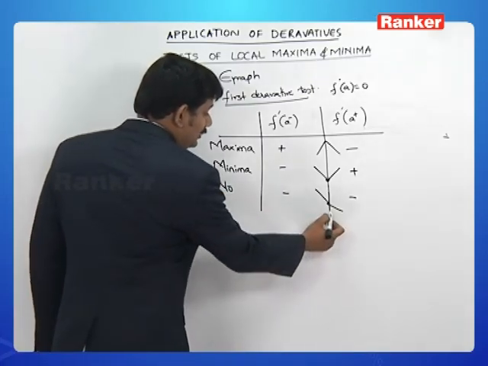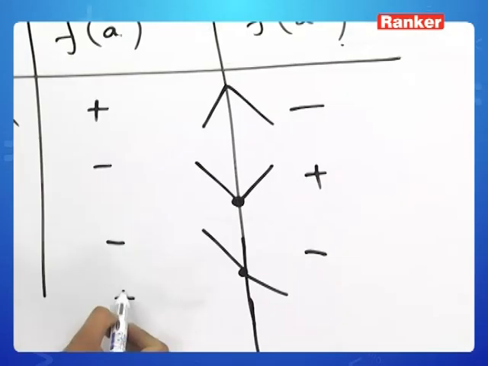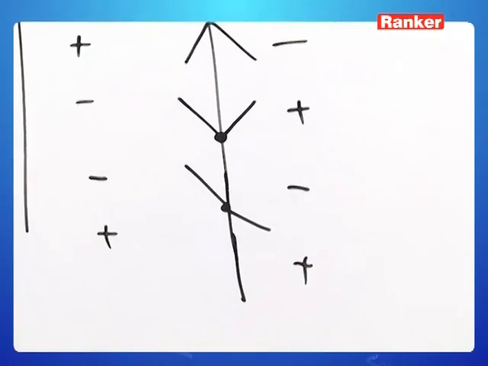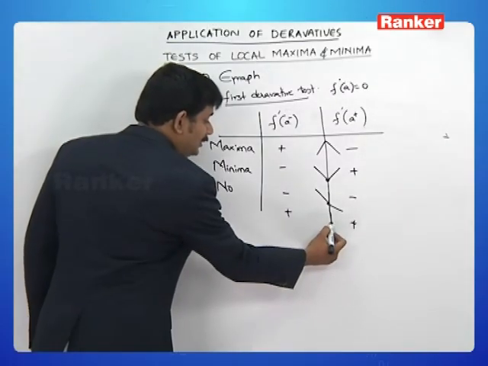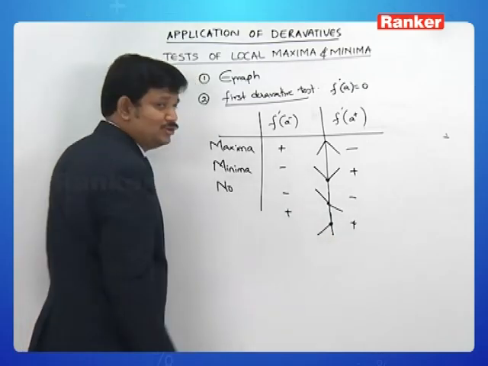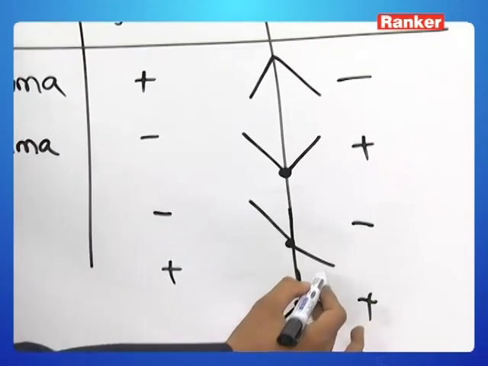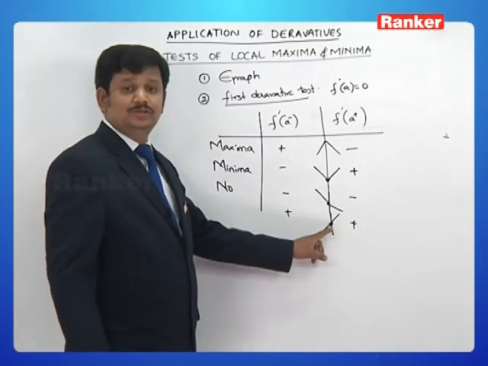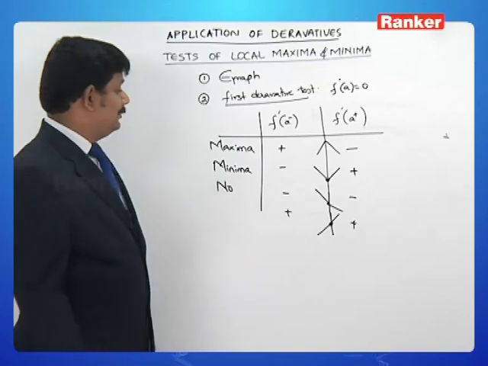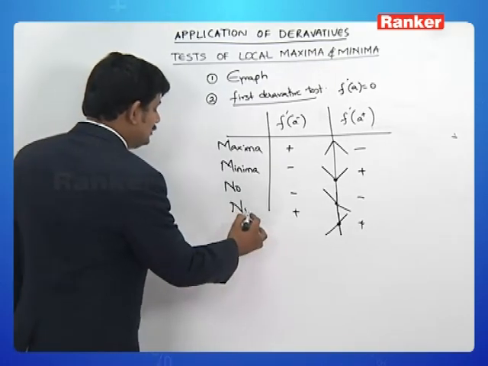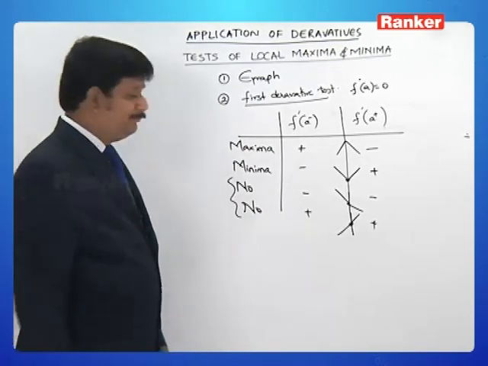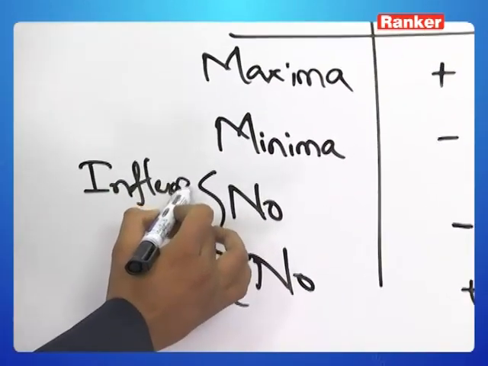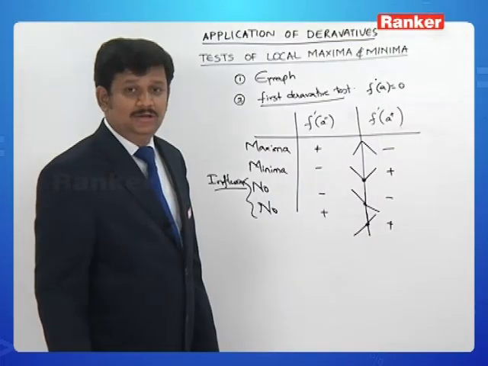And if we have a point where both the left side derivative and the right side derivative are positive, at this point we can see to the left we have acute angled inclination and to the right also we have acute angled inclination. Again, this point does not qualify to be a local maxima or local minima. Such points are called points of inflection.